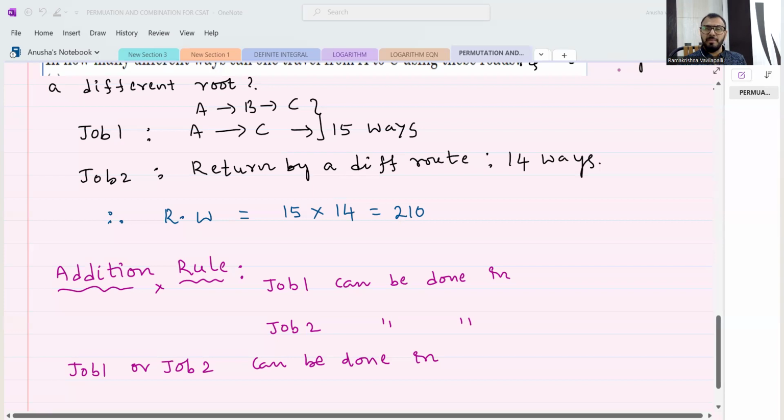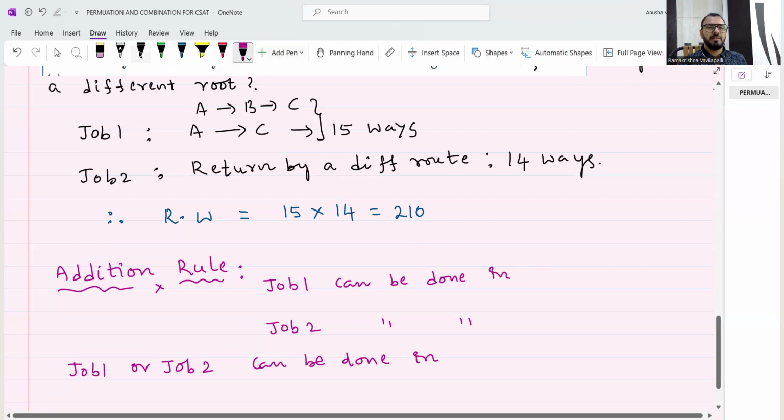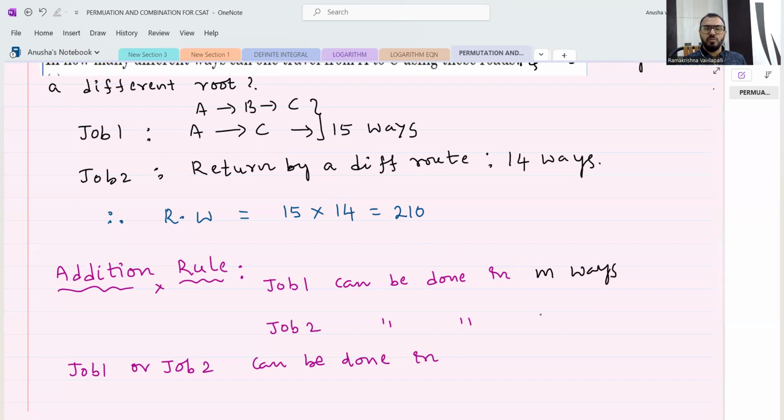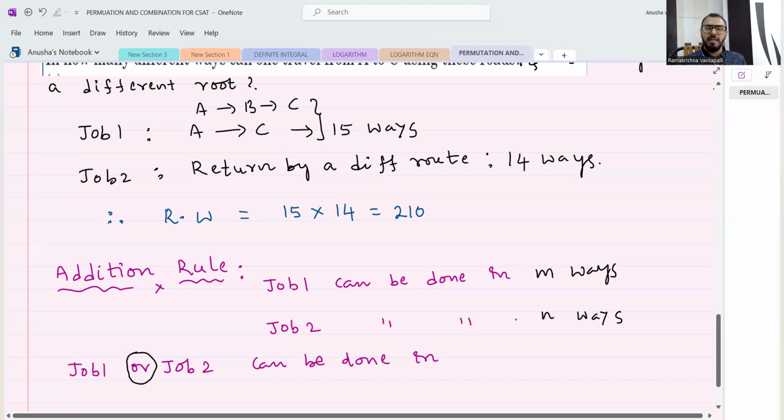Suppose job 1 can be done in M ways, and job 2 can be done in some N ways. Now, job 1 or job 2. Here is a word, or.